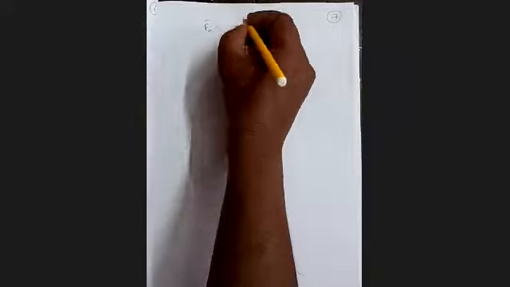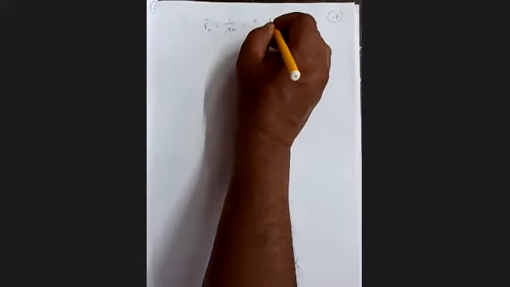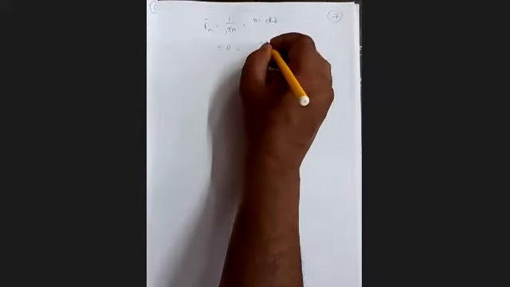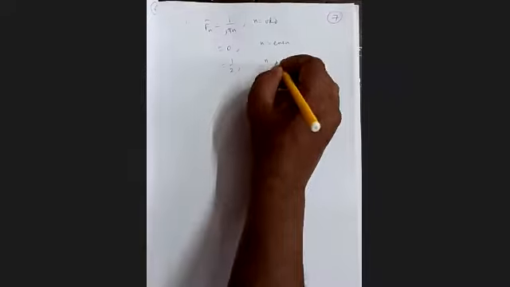Clear? So what is our mathematical expression of Fn bar? Next page, page number 7. Therefore, our Fn bar equals 1 by j pi n when n is odd, 0 when n is even, and it is half for n equal to 0.